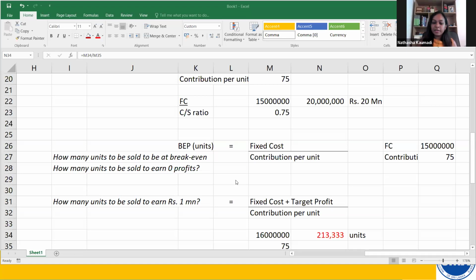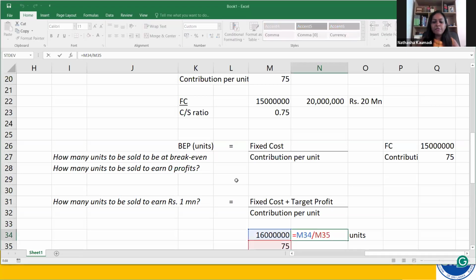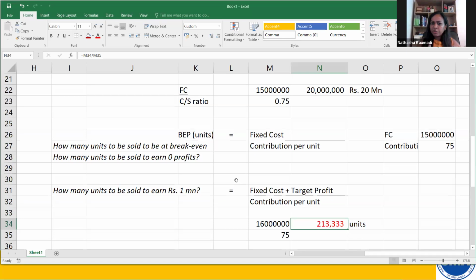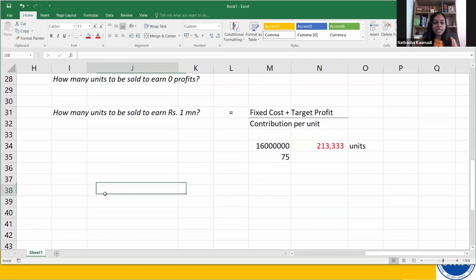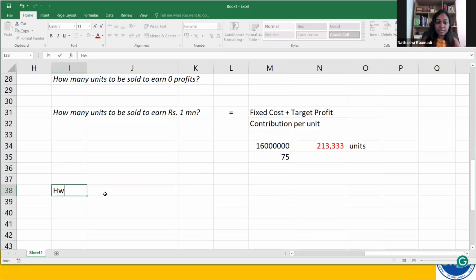And then if we want to know, now this is about number of units, no? If we want to know the sales revenue in rupees, that means if my question is how much of sales, that's not about the units. Previously my question was how many units to be sold to earn this much profit.